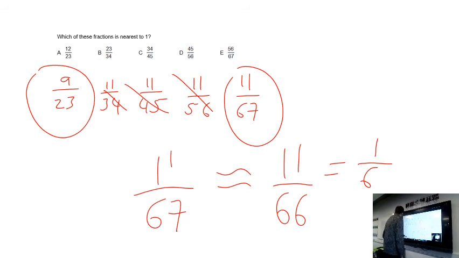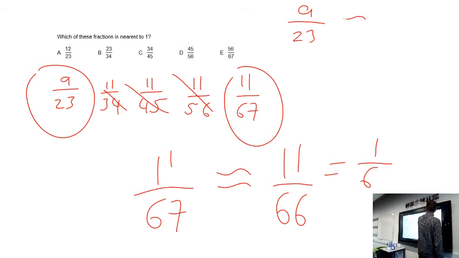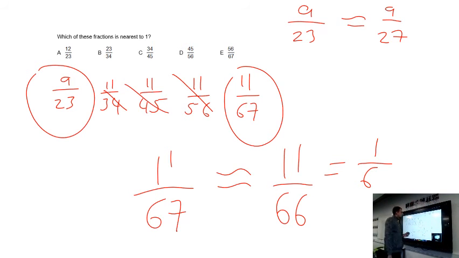If we looked at 9 over 23, if we're being pretty generous, this is pretty similar to 9 over 27, which equals a third.